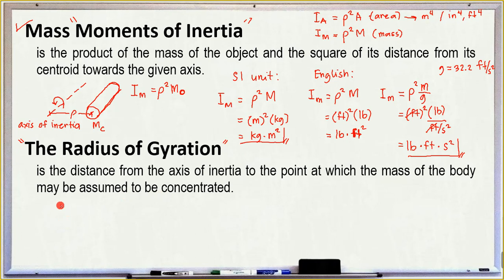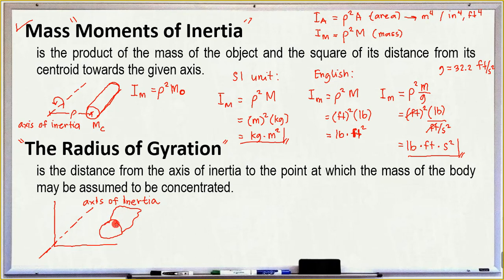Say, for example, we have here a given axis. This is our axis of inertia. And say, for example, we have here a very complex or irregular object.